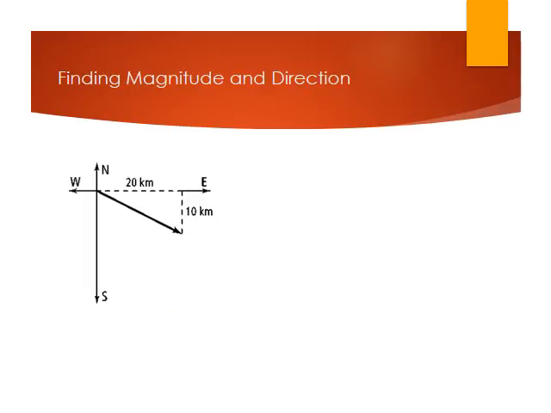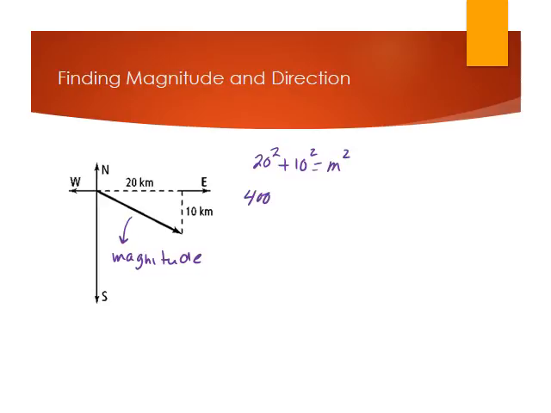Okay. If I want to find the magnitude and direction, I can again use trig and the Pythagorean theorem to do that. So if I want to find my magnitude, which is the size, this is our magnitude. So I'm just going to use the Pythagorean theorem. So I've got 20 squared plus 10 squared. I'm going to say m squared because I'm looking for magnitude.